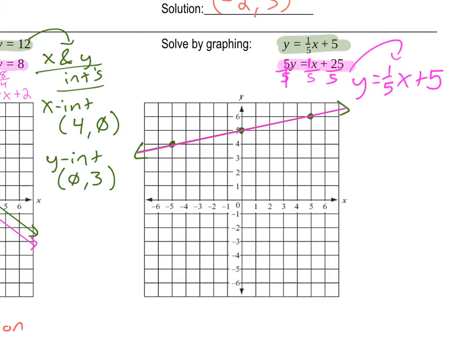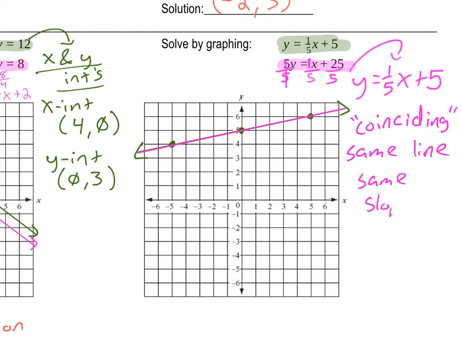Okay, so when we see that, we're actually looking at something called coinciding lines. They coexist in the same space. And we know that's the same line. Just a fancy way of saying same line. The same line because we see the same exact slope and y-intercept.